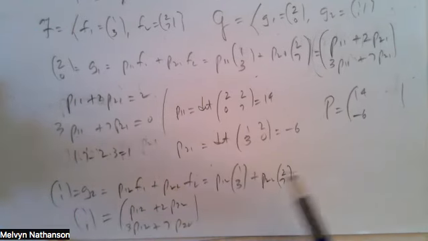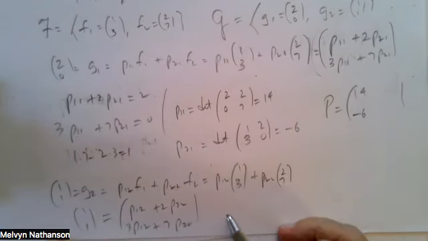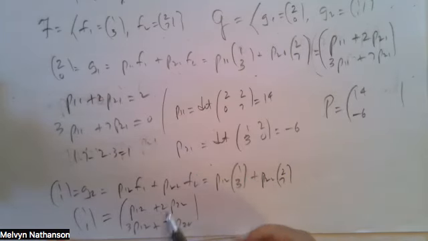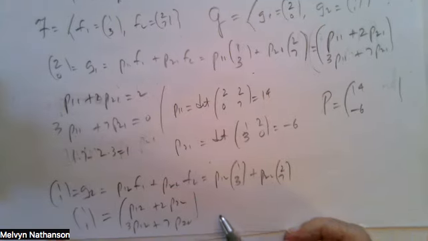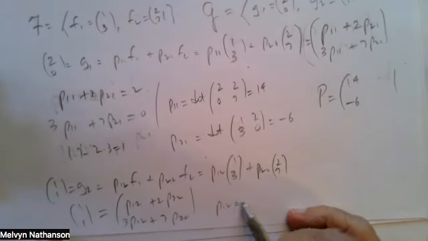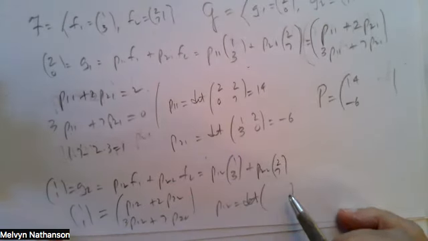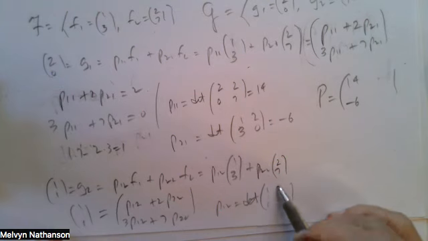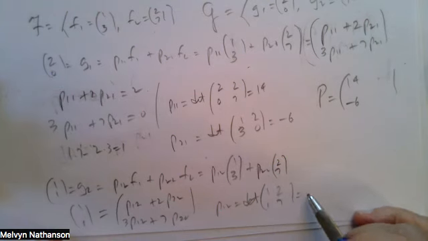Again we're solving two equations in two unknowns, and the determinant of this coefficient matrix is 1. So P12 is the determinant of (1, 2, 1, 7), which is 5.